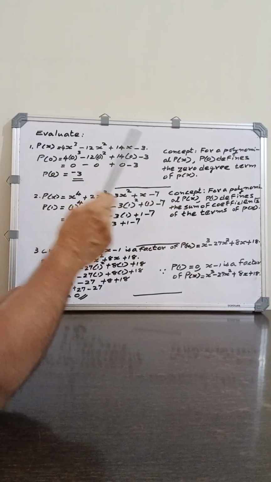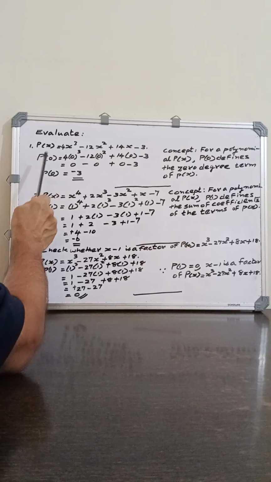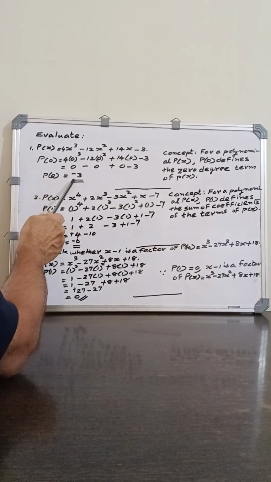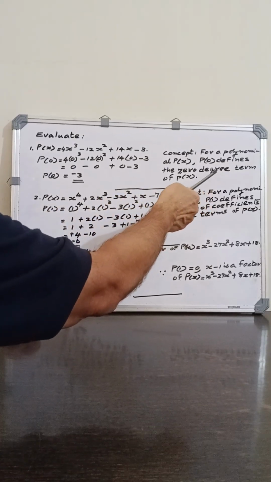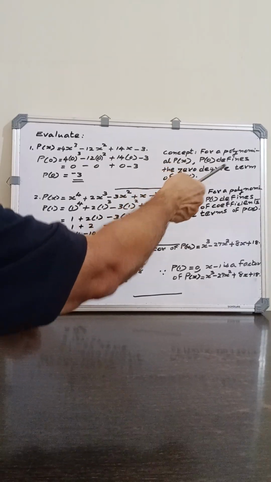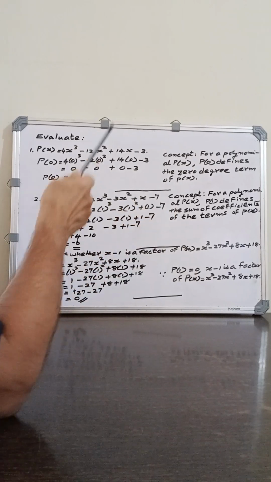Everyone should know that for a polynomial P of x, P of 0 is the 0 degree term, that is, P of 0 is minus 3. That is given here as the concept: for a polynomial P of x, P of 0 defines the 0 degree term of P of x.